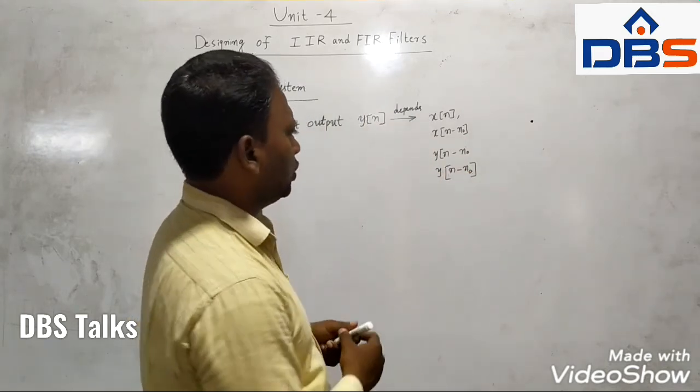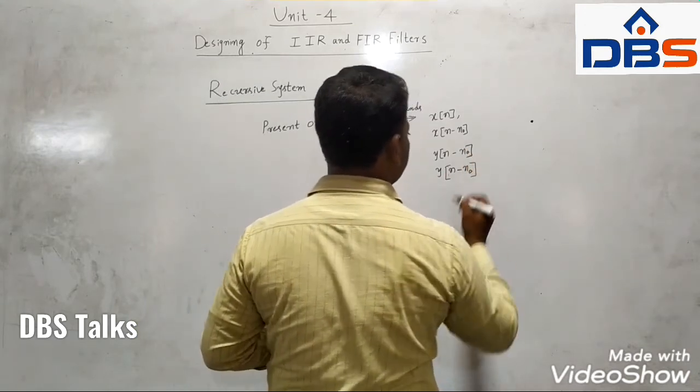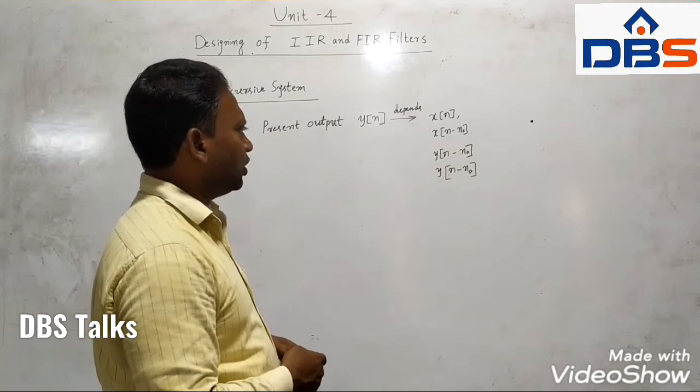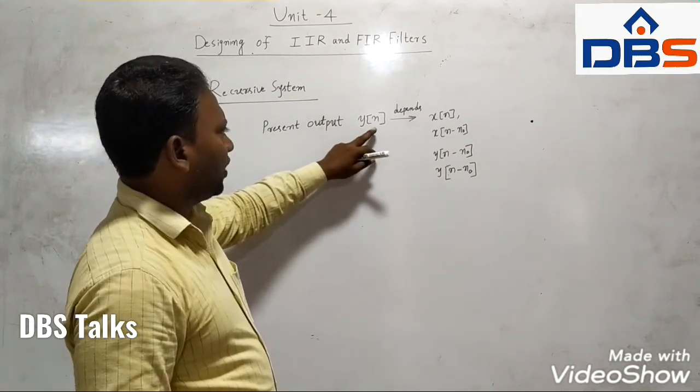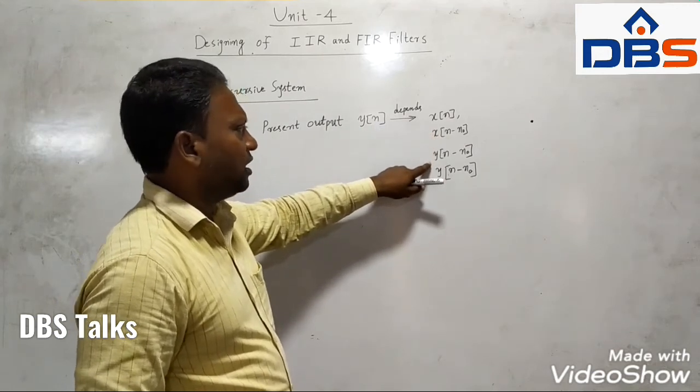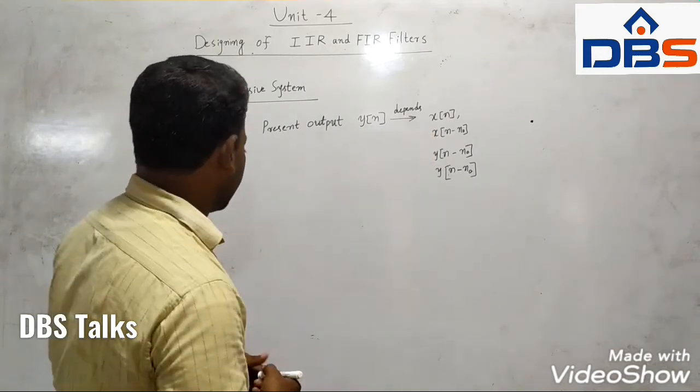It can be 1, 2, 3, 4, 5, like that, any other positive integer. Therefore, if the present output y of n depends on the present inputs, past inputs and past outputs, then we say that it is a recursive system.